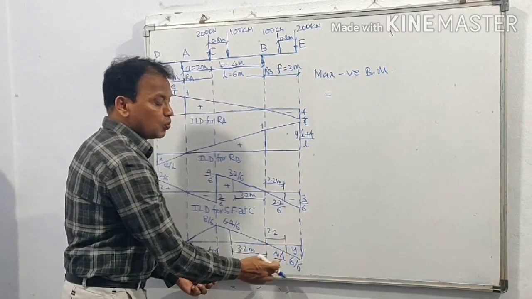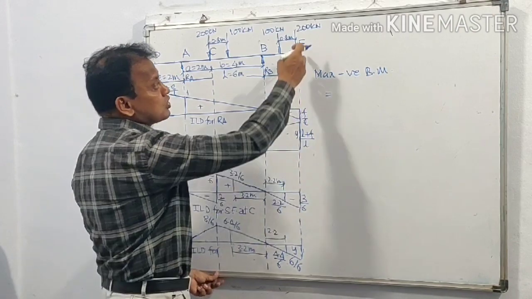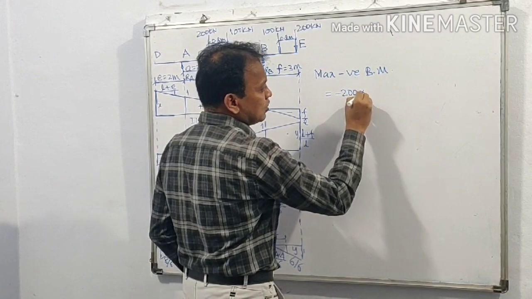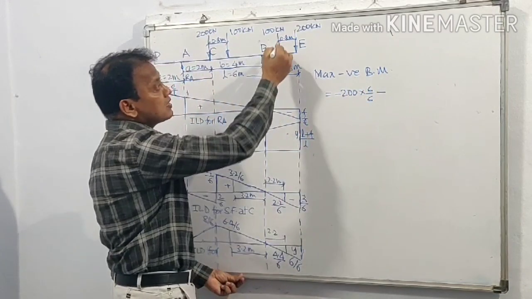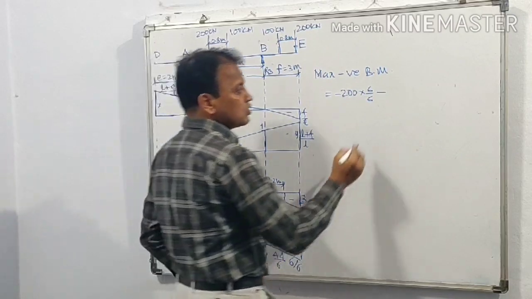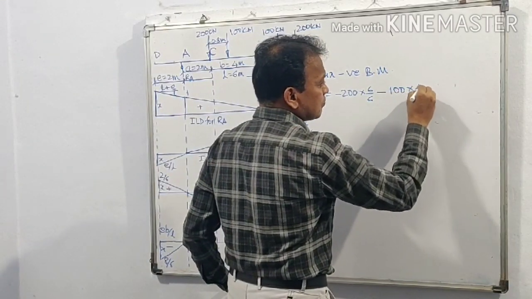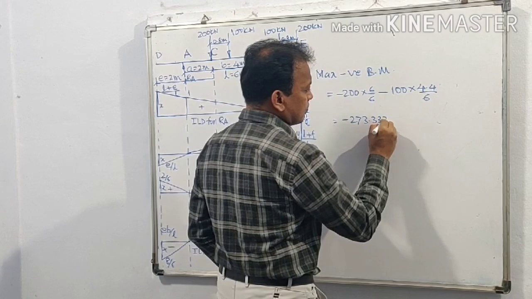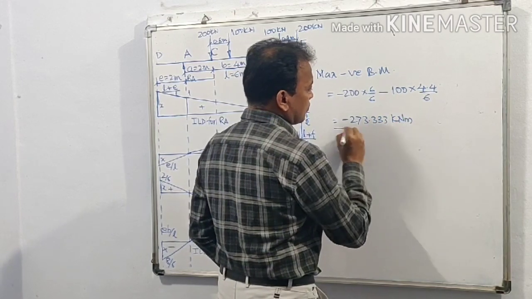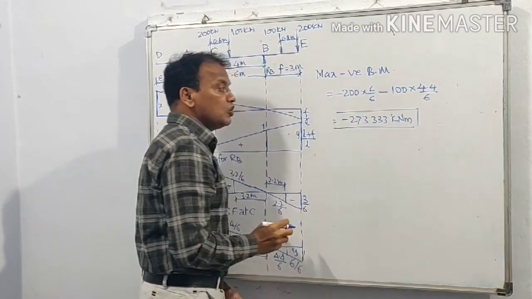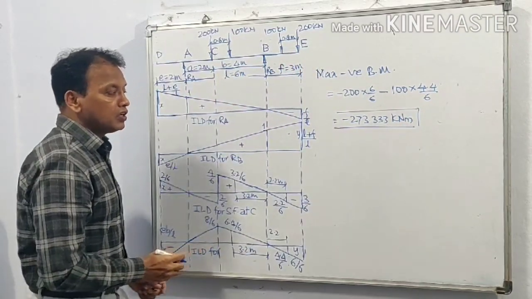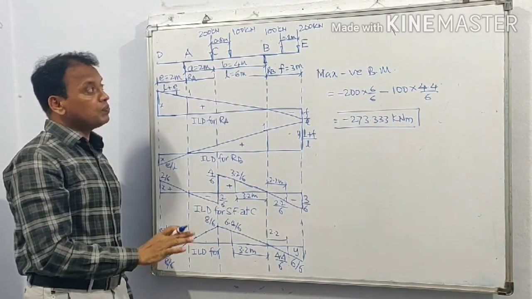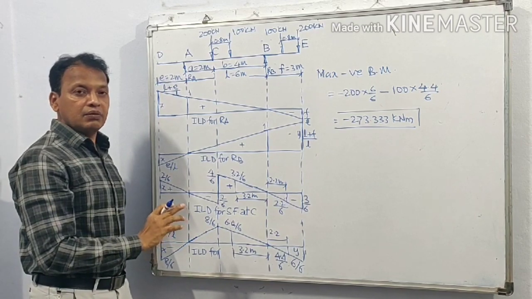So for these positions, minus 200 into 6 upon 6 minus 100 into 4.4 upon 6. Maximum negative bending moment is minus 273.333.